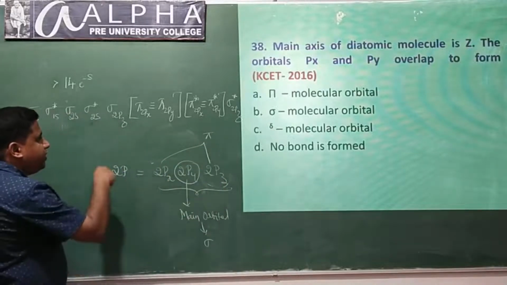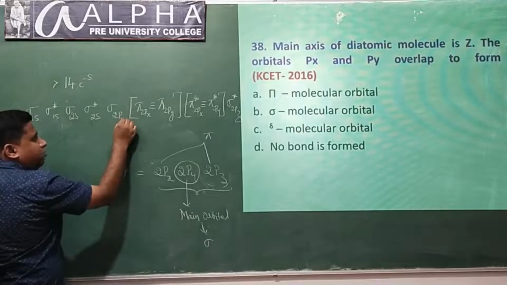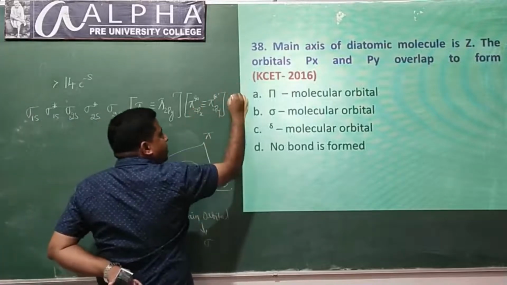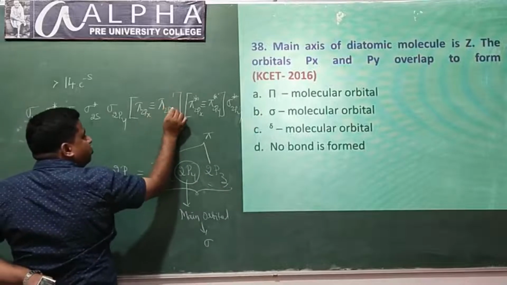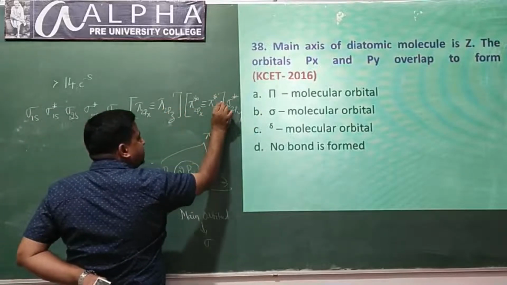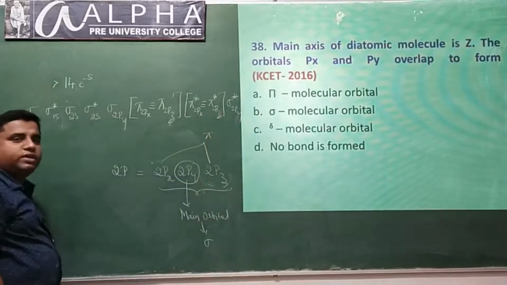So the electronic configuration is going to be sigma 2py, sigma star 2py, pi 2px, pi 2pz, pi star 2px, and pi star 2pz.